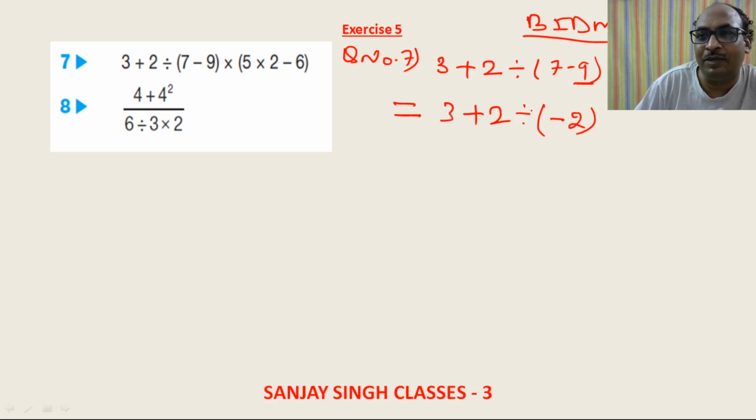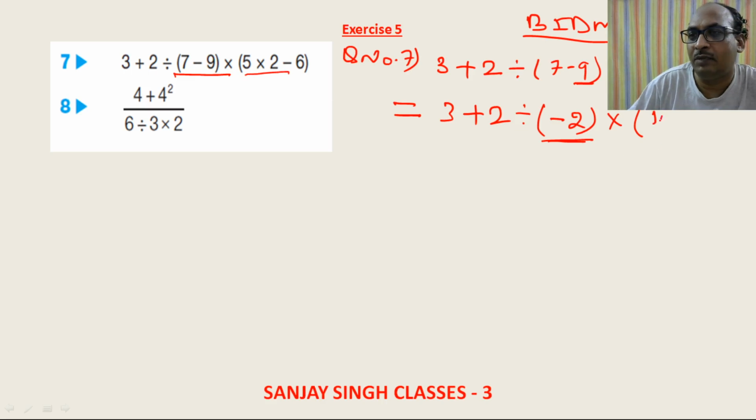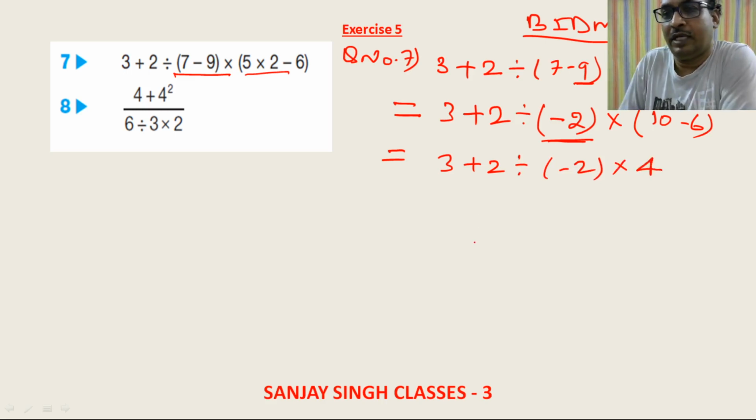So 2 divided by, in bracket 7 minus 9, this 7 minus 9 has given us minus 2. So we need to take extra care here. Inside the other bracket, 5 into 2 has become 10 minus 6. Further we will write 3 plus 2 divided by minus 2 into 10 minus 6, which is giving us 4.